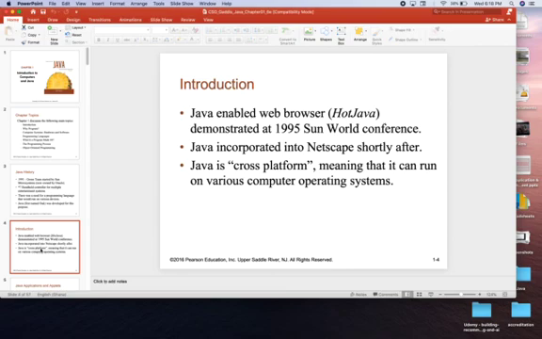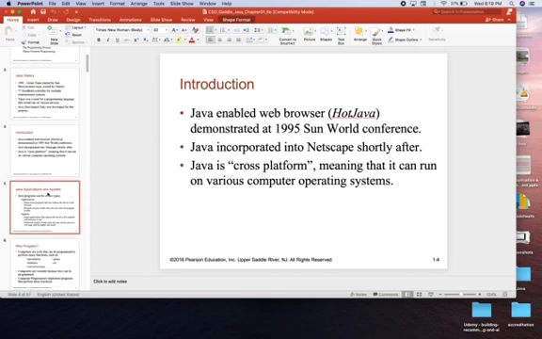So, like I mentioned earlier on, because Java can now run on multiple platforms for which you will not need to do any additional functionality, it has the attribute of being cross platform, meaning that it can run on various computer operating systems. So whether it is Ubuntu, Linux, Mac, or whatever kind of operating system it may be, Java is capable of running on that.